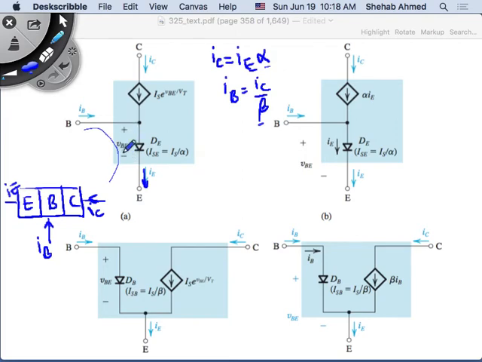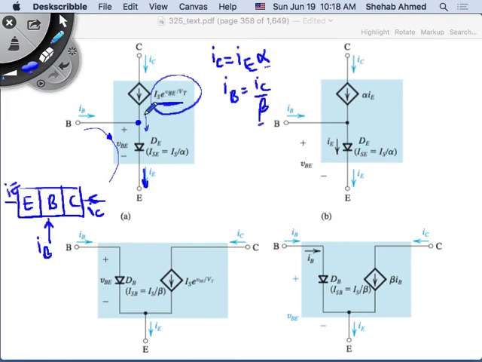If I forward bias this diode, then I have current flowing through. One component is due to the forward bias, and the other is due to the collector current flowing through here as well. So the emitter current is composed of the base current and this collector current. This collector current is the same as the diode current, IS e to the VBE over VT. We're okay with this? This was my diode current from before.